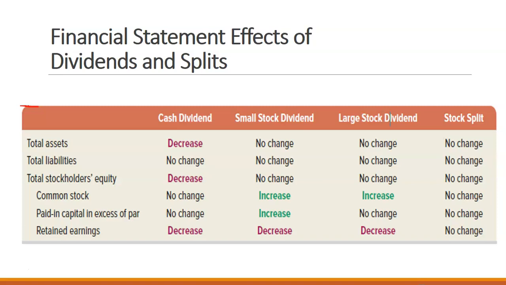For a small stock dividend, we're going to increase common stock, increase our paid-in capital in excess of par, and decrease retained earnings. For a large stock dividend, it's an increase to common stock and a decrease to retained earnings. A stock split has no change to any of our total amount of dollars in any of our accounts.